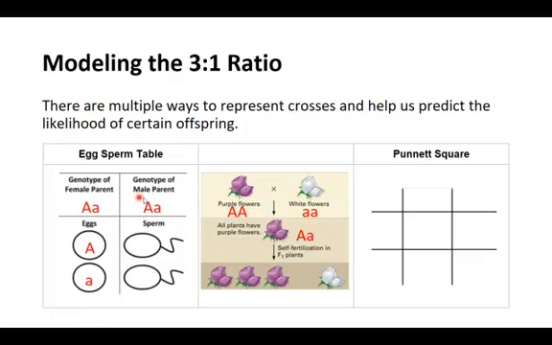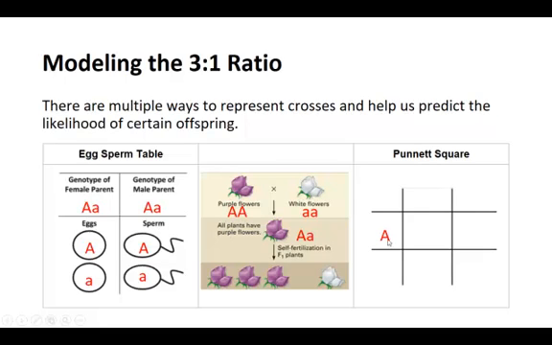I know that this male parent can make only a big A sperm or a little a sperm. And now I ask myself, how many different combinations can I make between these eggs and these sperm? I know that this big A and this big A can come together, and this big A and this little a can come together. And this little a can go with that big A, and this little a can go with this little a.